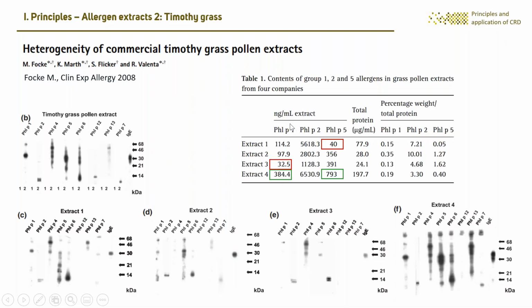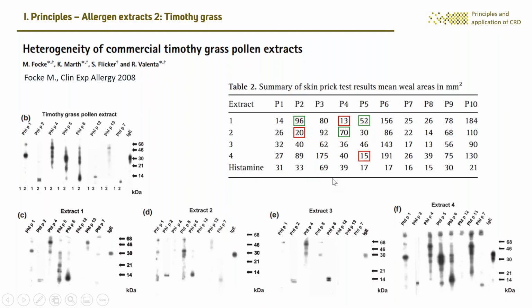For example, if you look at major allergen Phl p 1 from Timothy grass, you see an almost 10-fold difference between extract number 4 and number 3. While if you look at Phl p 5, another highly relevant major allergen from Timothy grass, there's an even bigger difference between extract number 1 and 4, almost factor 20.